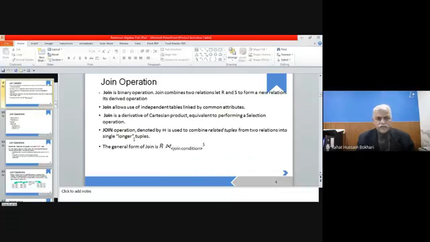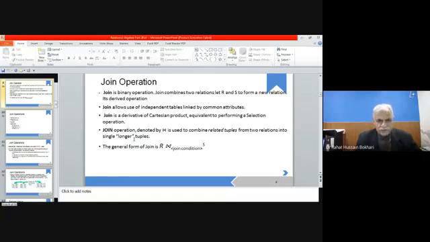For all join operations, the first operation that we have to carry out is basically the Cartesian product, because we would like to join two relations, let's suppose R1 and R2, and the join operation is binary. Whenever we join two relations, at the end we get another relation as a result.